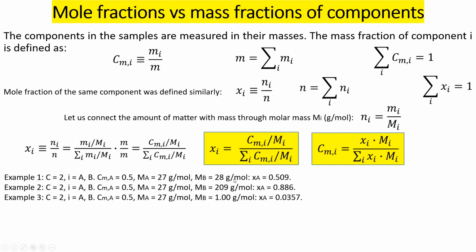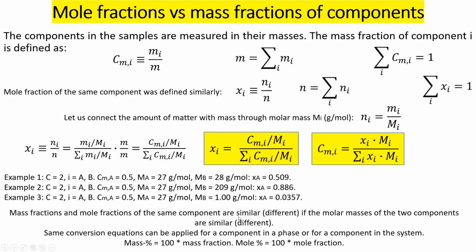And in this case, if I substitute here, I get that the mole fraction of component A is 0.509, which is, by the way, pretty similar to the mass fraction of the same component, 0.500. And this result is obtained because the 2 components have similar atomic masses.